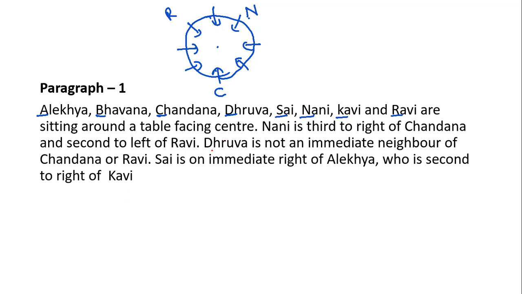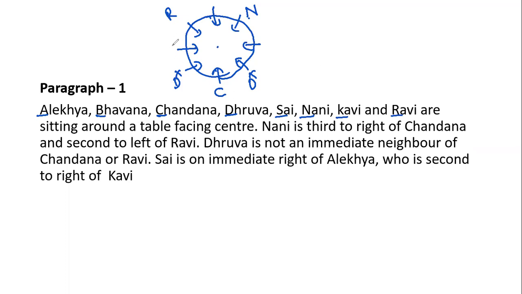Next. Dhruva is not an immediate neighbor of Chandana or Ravi. So where is Chandana? Chandana is here. Dhruva is not an immediate neighbor of Chandana or Ravi means Dhruva should not come on either the left hand side or the right hand side. What is the meaning of not immediate neighbor? The person should not come on either the left hand side or the right hand side.